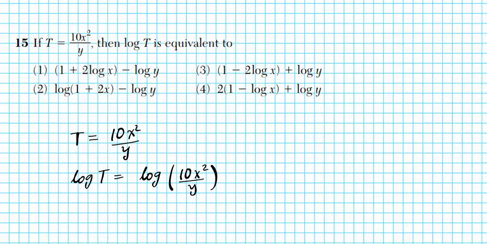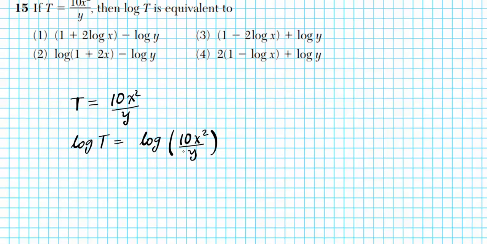All right. So first of all, you want to remember that whenever you're dividing, it's the same thing as subtracting the logarithms, and when you're multiplying, it's the same thing as adding the logarithms of the factors that you're multiplying. So let's just write them down here.